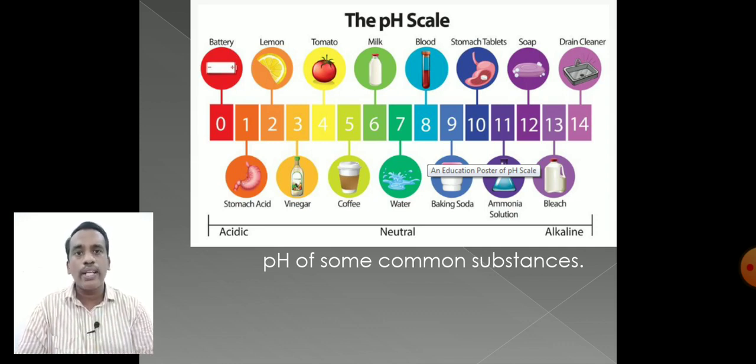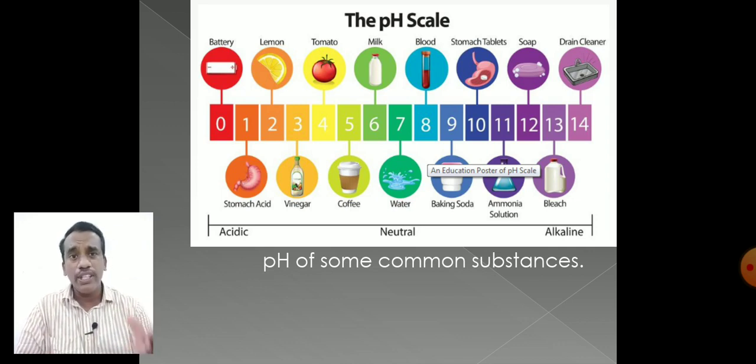The hydrochloric acid has a pH of about 1.2. We will be dealing with it in detail again. And you can see the lemon juice, its pH value is about 2. And also the vinegar, its pH value is about 3. Tomato is 4, coffee 5, milk 6.